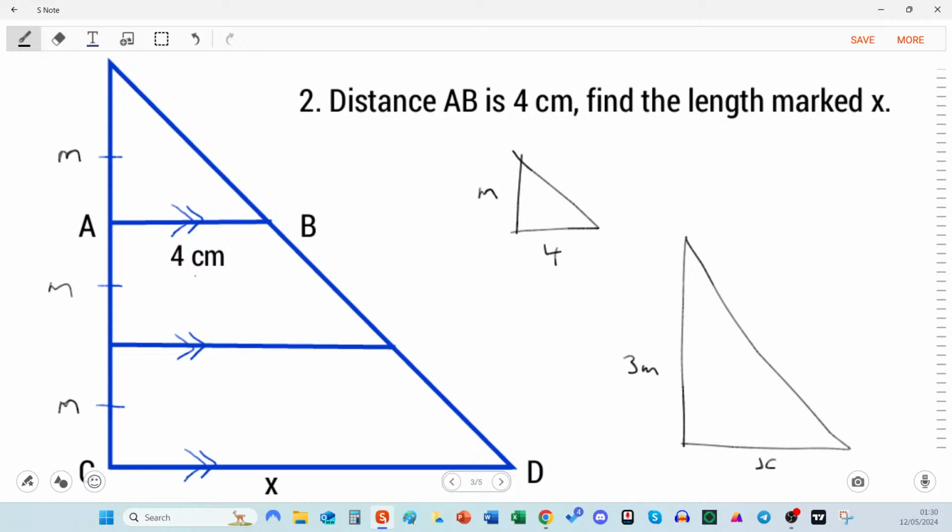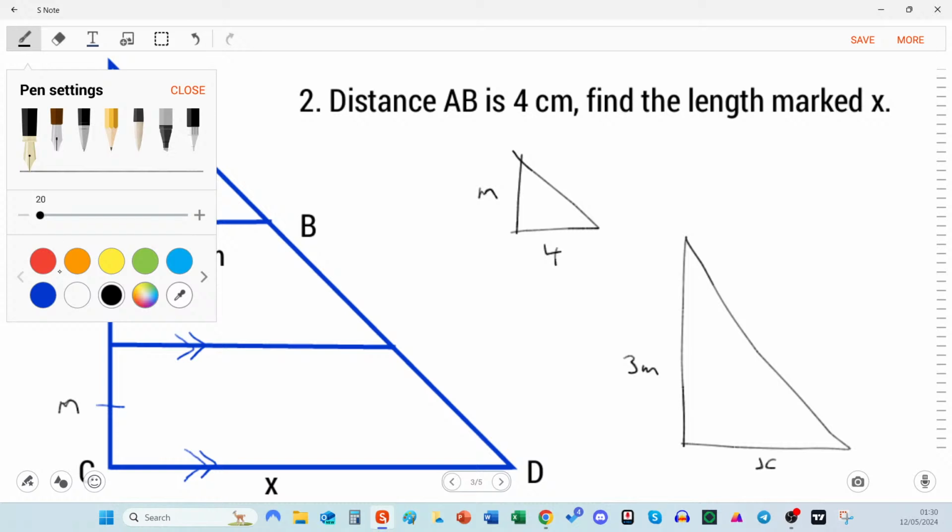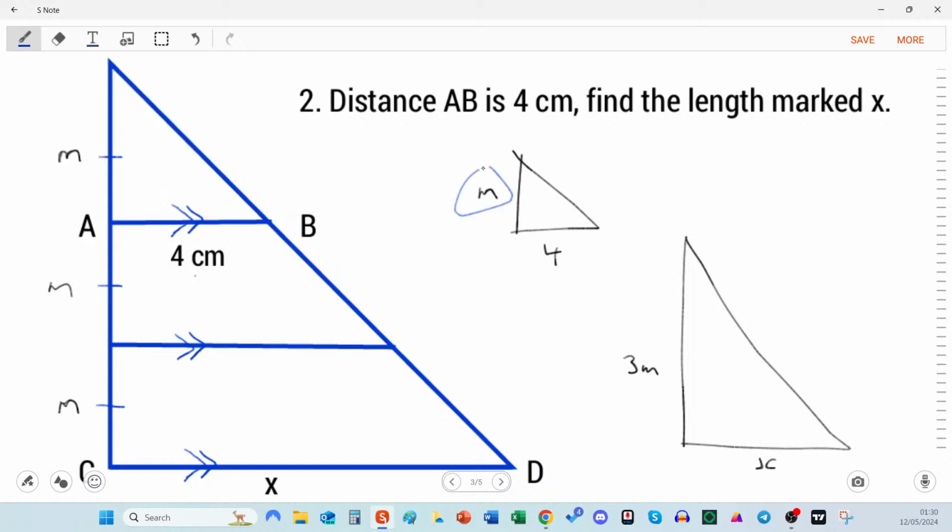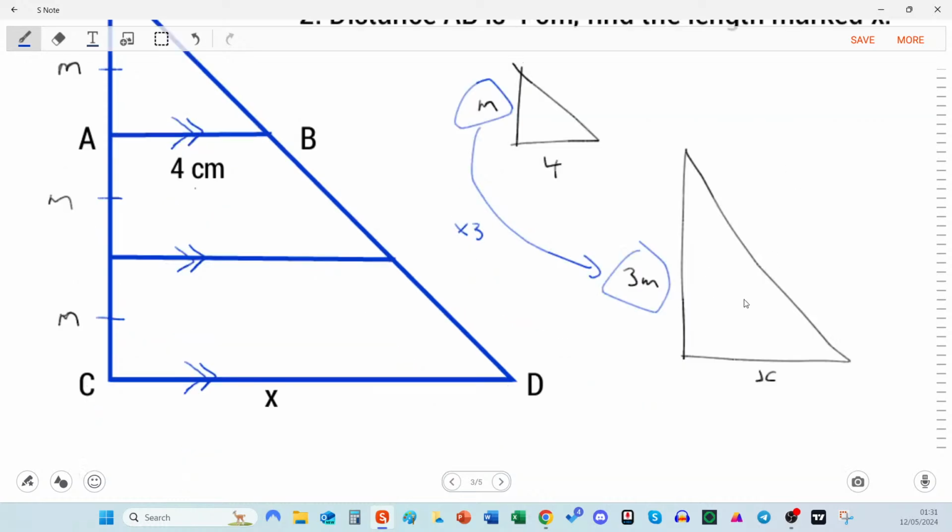And so when we're looking for connective information, it's this and this. And even though it's not numbers, we can still see that it's times 3. So we're going to do the same for the 4.